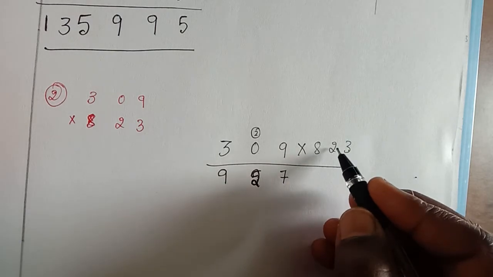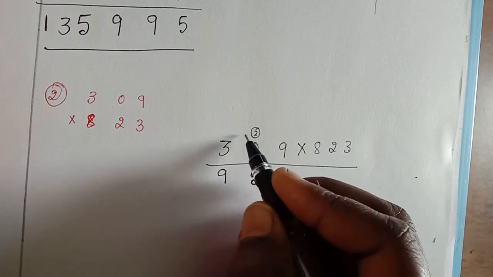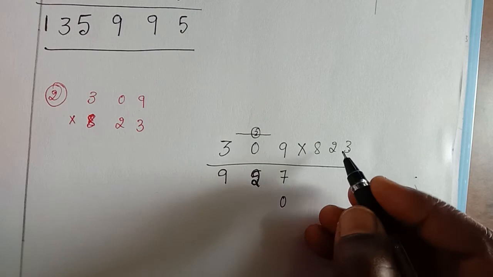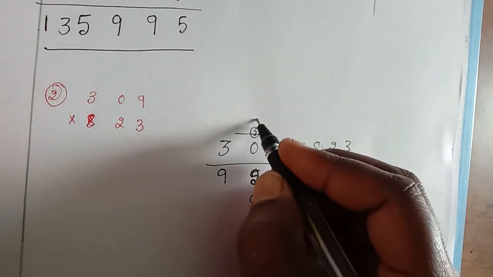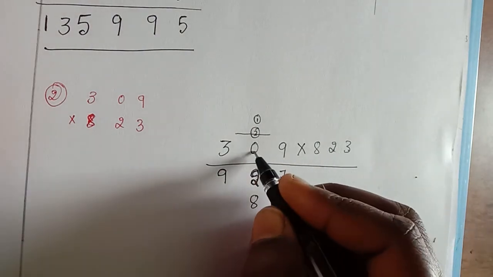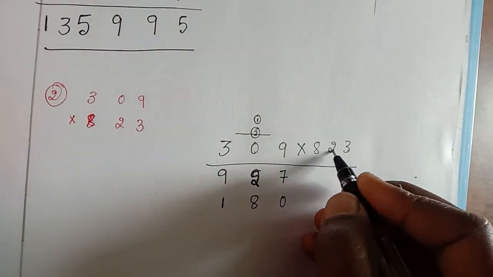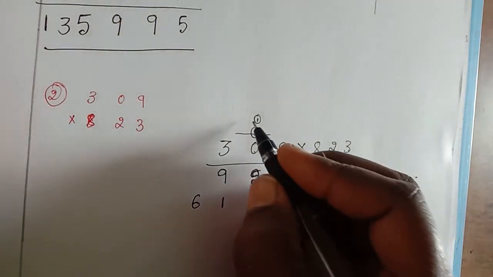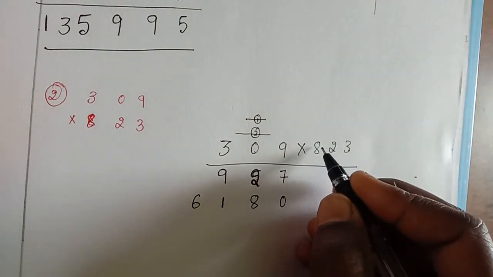Now we have to multiply by the tens place, that is 20. So the ones place is 0. 2 9s are, we strike out these carries. 2 9s are 18. 8 write and 1 carry. 2 zeros are 0 plus 1 is 1. 2 3s are 6. So now you should multiply by 100.